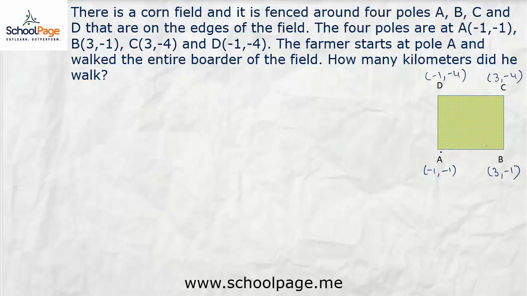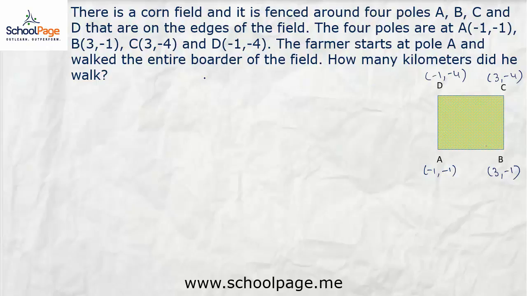The farmer starts at the pole A and walks the entire border of the field. We have to find how many kilometers he walked. Since we have to find the number of kilometers he walked, we have to find the perimeter of the field. For this, we have to find the distances AB, BC, CD and DA. We can find these distances using distance formula.